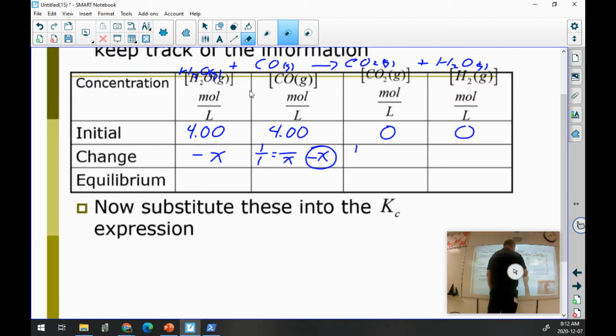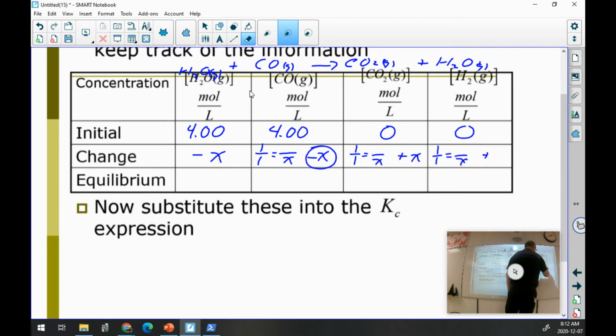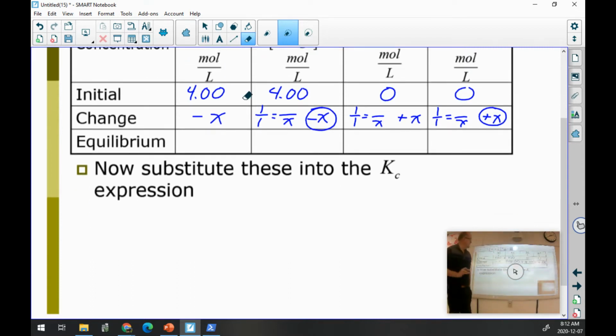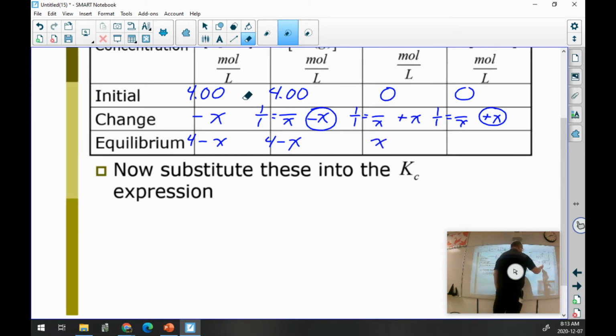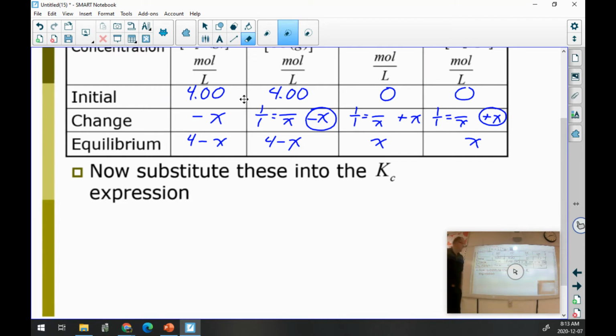It's also a 1 to 1 ratio, so we're going to add X amount of the carbon dioxide, and for similar reasoning, we're going to add X amount of the hydrogen gas. So now we can determine an expression for each of our final concentrations. Just 4 minus the change of X.